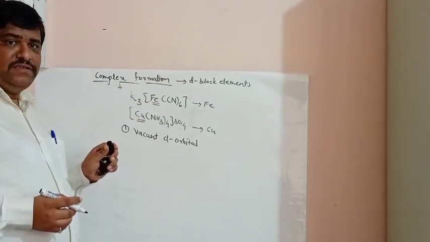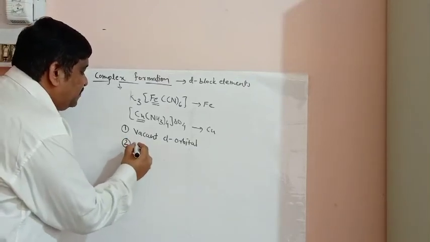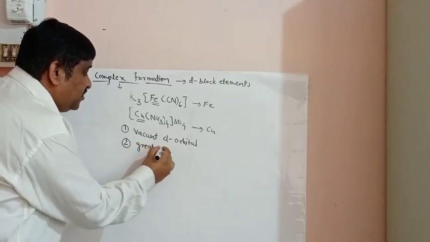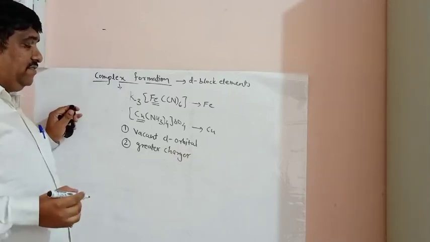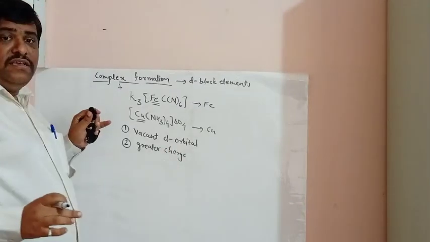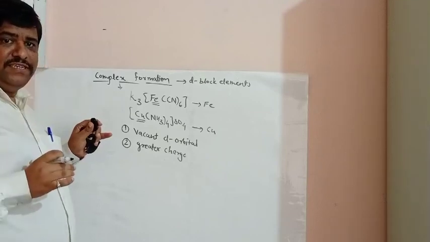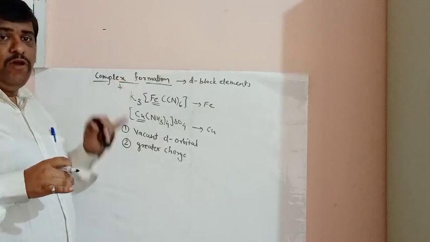Second, these d block elements have greater charge. Charge is greater: +2, +3, +4, +5, likewise. The greater charge is possessed by the d block elements.